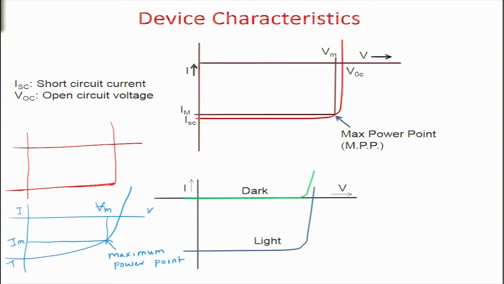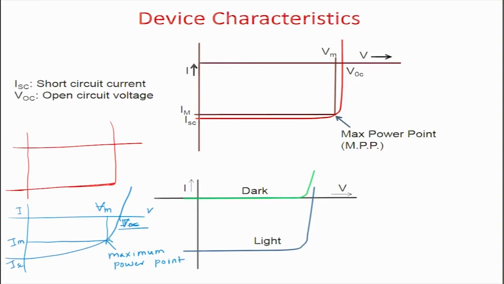They are lower than ISC and VOC. If you multiply ISC and VOC, this is the theoretical amount of power that you should be able to generate from a solar cell, but this is limited by device recombination mechanisms and so on, which we will see later on.